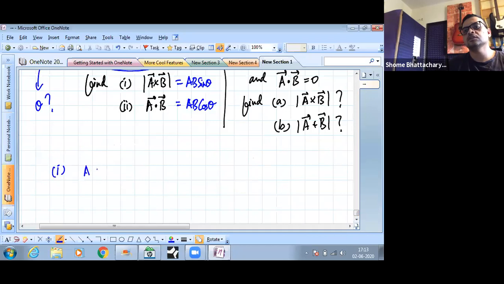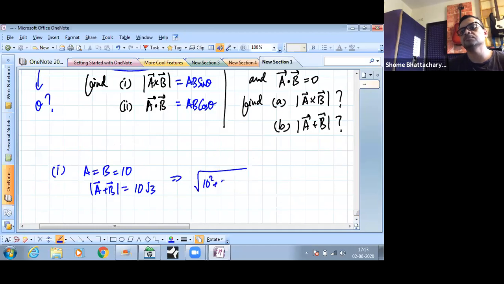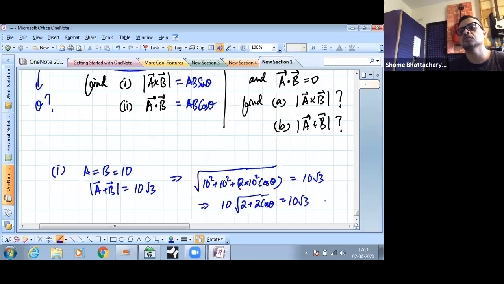In the first one you'll see that if mod A is equal to mod B is equal to 10 and A plus B's magnitude is 10 root 3, it means that the root of A square plus B square plus 2AB cos theta is equal to 10 root 3. You can cancel the 10 and square both sides.